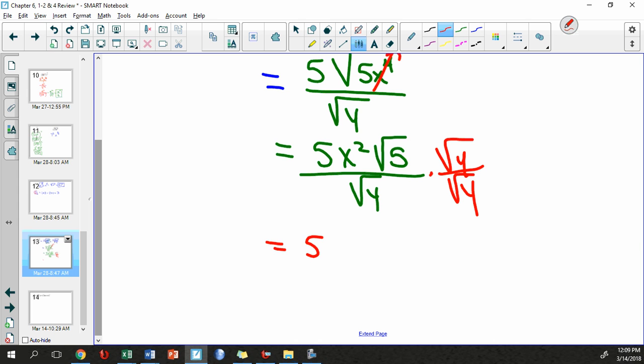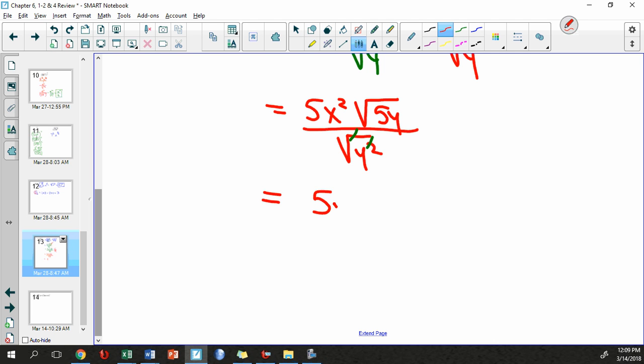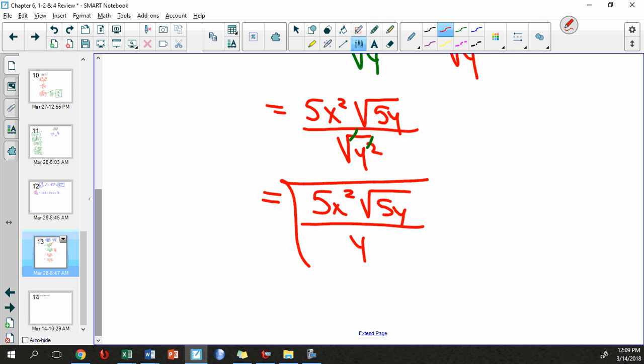So this gives me 5x squared times the square root of 5y all over the square root of y squared. What happens to your power and root there? They cancel out, and you're just going to be left with 5x squared times the square root of 5y all over y. That's, again, rationalizing. We've used that term many times today.